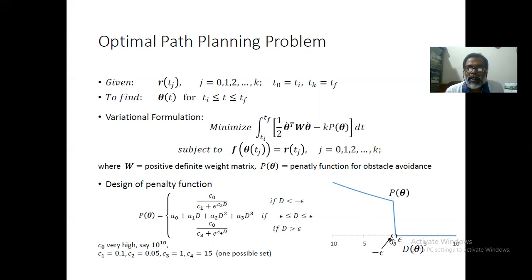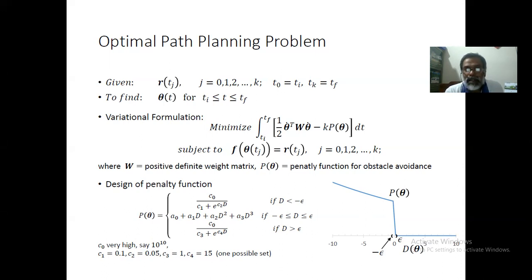So for genuinely negative values of D, you have this kind of high thing. For genuinely positive D, you have this low thing, and you need something which is differentiable.